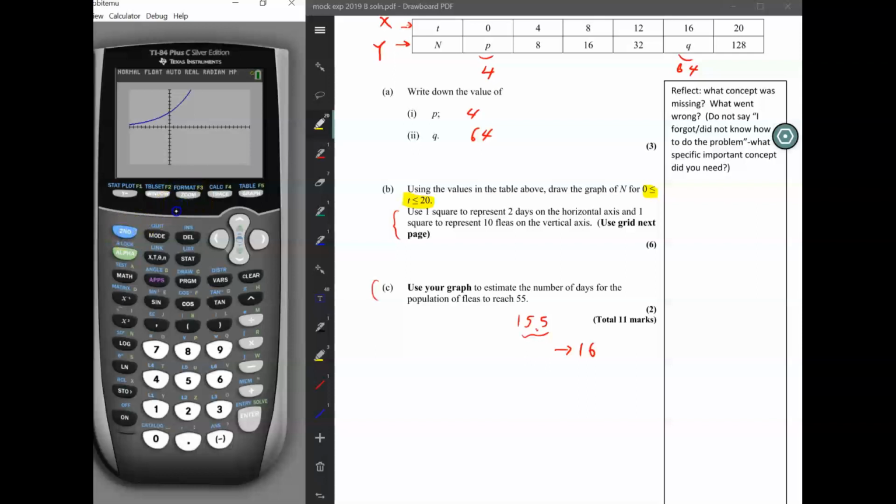Zoom fit is what we use to adjust the y's. I think it's still graphing. Okay, oops. Okay, zoom. And then zoom fit, remember, is I think option 0 or something. Yeah, there it is, option 0. So you can just type 0, enter.